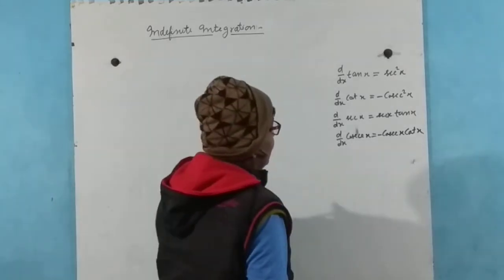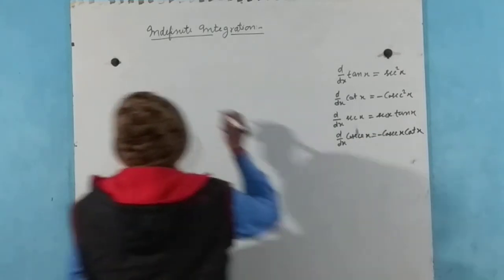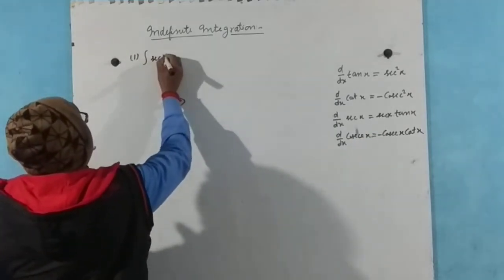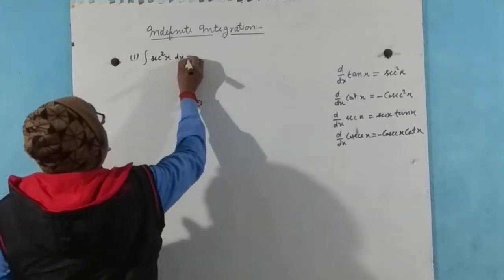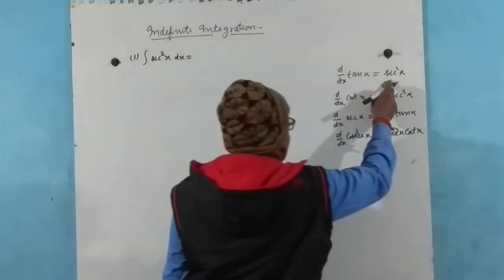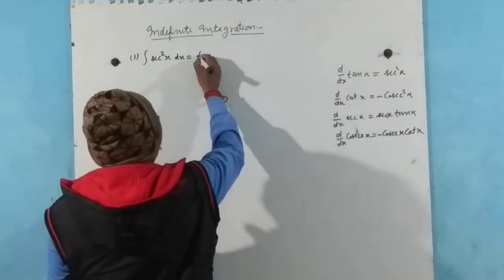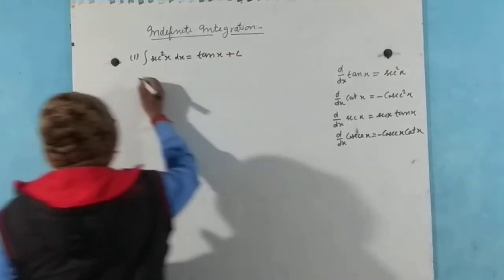Now the reverse of these formulas: integration of sec square x dx equals tan x plus c.